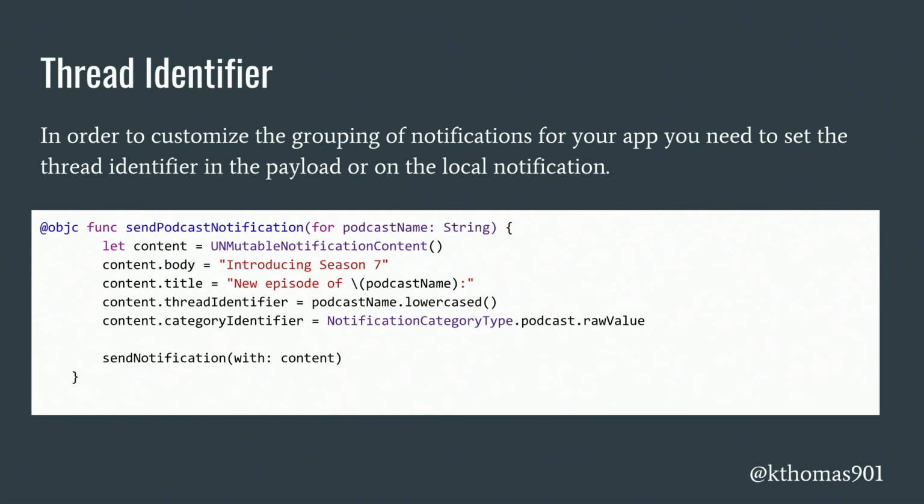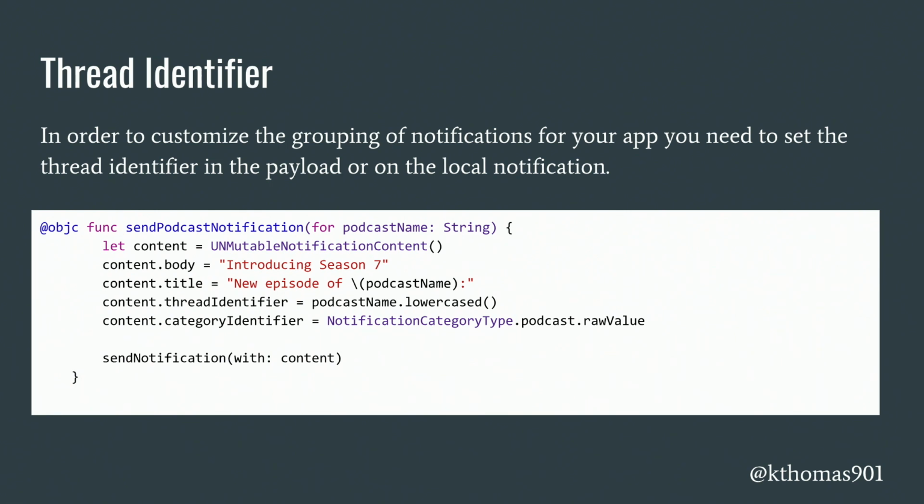So if there's 5 podcasts, there will be 5 stacks, right? So all of the notifications for the new episodes will be grouped together, right? So here, on the notification content, we're setting the thread identifier to just be the podcast name lowercase. And if you do this, your stacks will be grouped by whatever you set that.